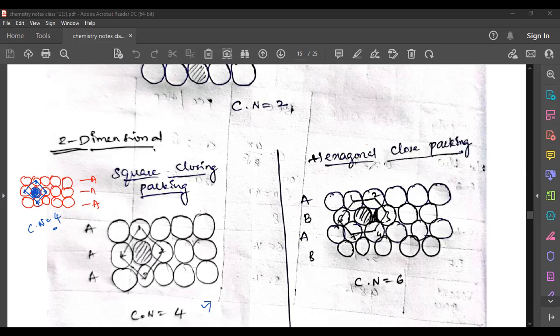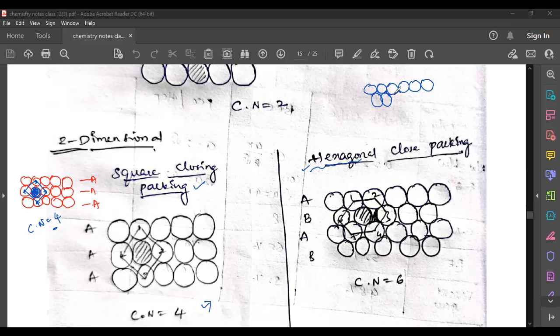No, sir. Okay. Then what about hexagonal close packing? What is the difference between the square close packing and the hexagonal? We'll see here. This is the first row of atoms. But the second row we will not place exactly below the first row. We'll place it in the depressions of the first row. Depression means the gap that is forming in the first row, right?